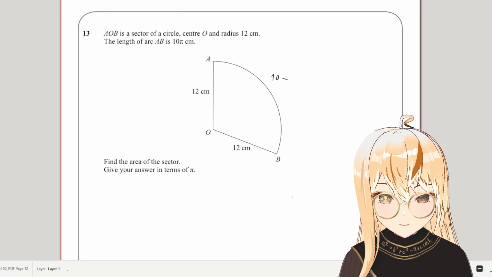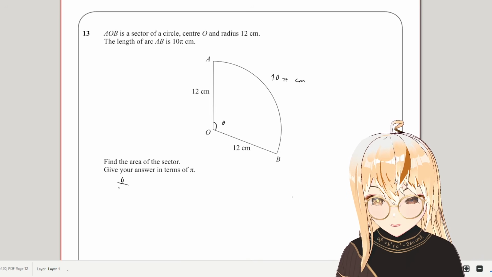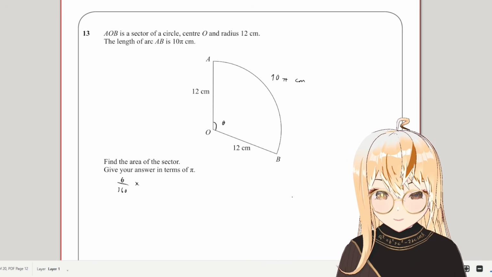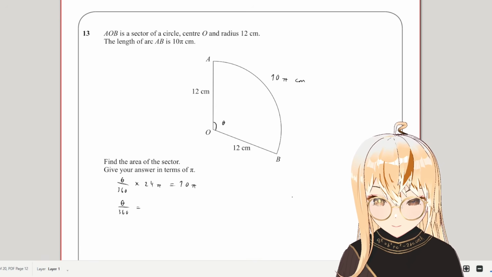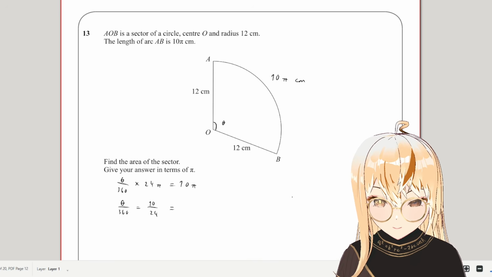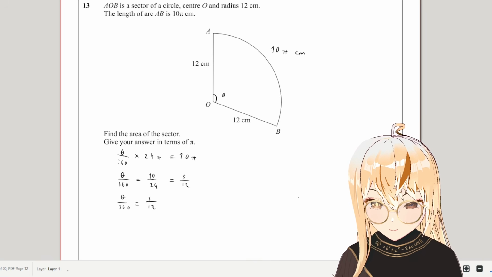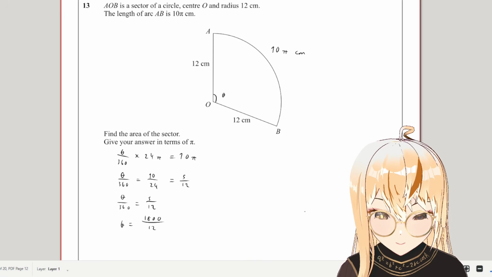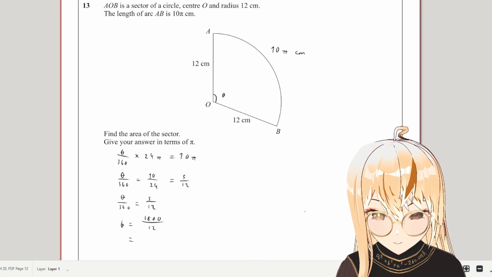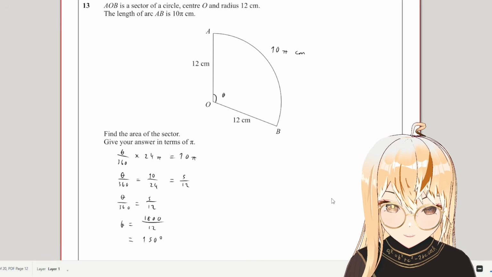This length here is 10 pi, and let's just call this theta. So we know that theta over 360 times the circumference is equal to 10 pi. And so we can solve for theta like that.